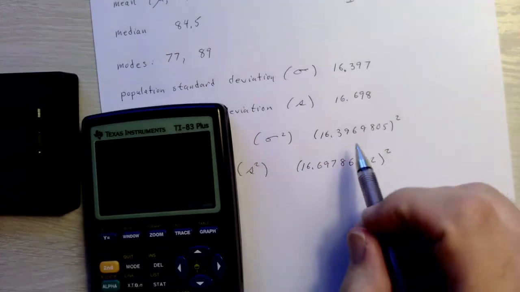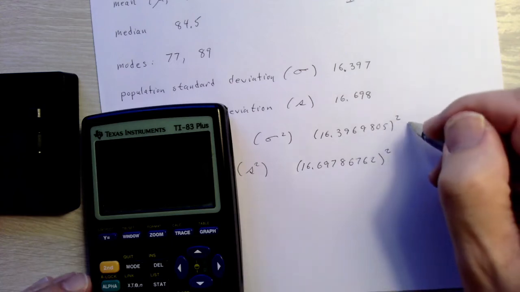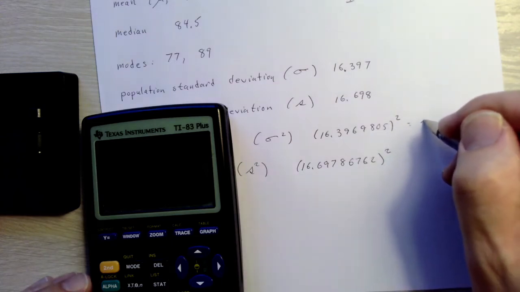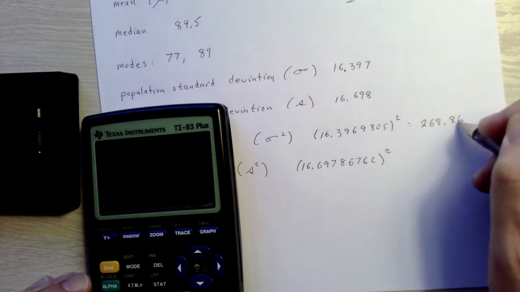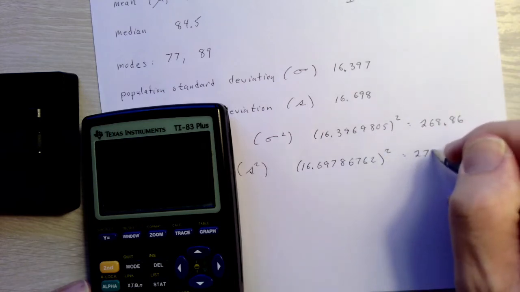So we can compute that. 16.3969805 squared is going to be 268.86, just round to 2 decimal places, and if we square 16.69786762, we get 278.82.